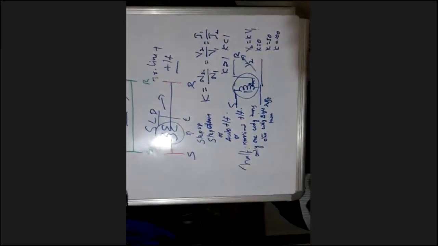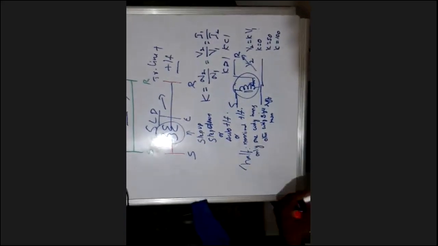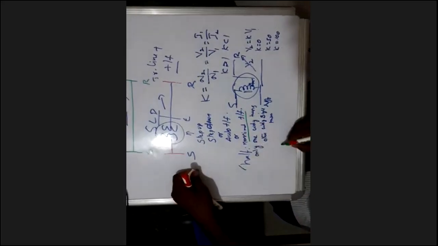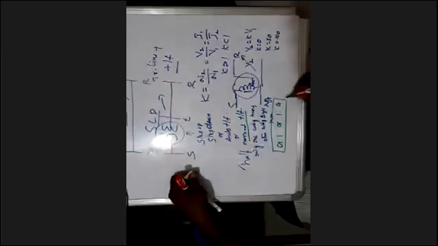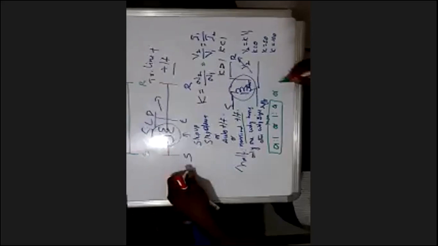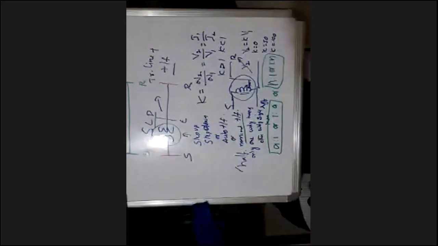Usually the nominal or half nominal turns ratio is represented as A is to 1 or 1 is to A. In some textbooks they represent it as N is to 1 or 1 is to N. Here A means primary will have the turns and secondary will have a single turn.